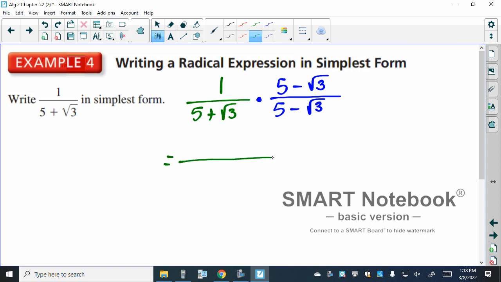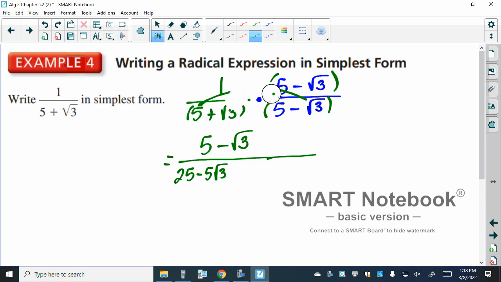Now the numerator of this is kind of nice. It says 5 minus the square root of 3 times 1. Well, anything times 1 stays the same, so we just get 5 minus square root of 3. Now in the denominator, we're going to have to distribute this out, as our 5 times 5 is 25. 5 times negative square root of 3 is negative 5 square root of 3.